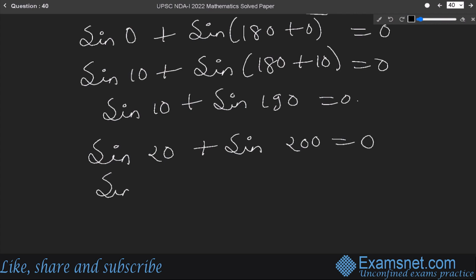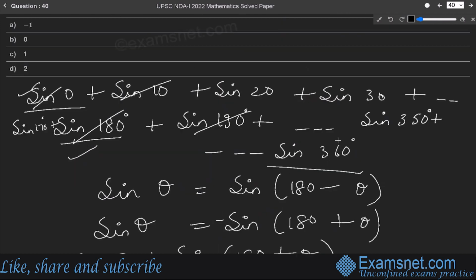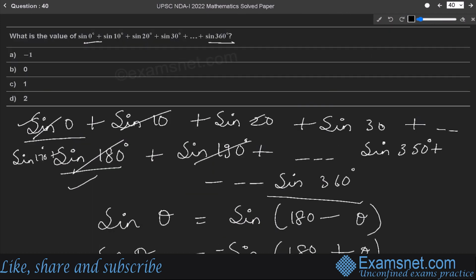And at last, let us say sin 170 + sin 350 will also be equal to 0. So like this, every term will be cancelled by using this formula. Since every term is cancelled, the answer will be 0 because there is nothing remaining.